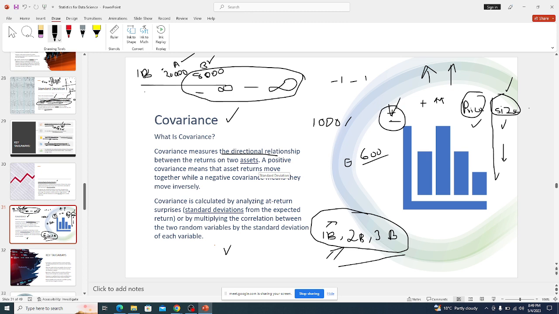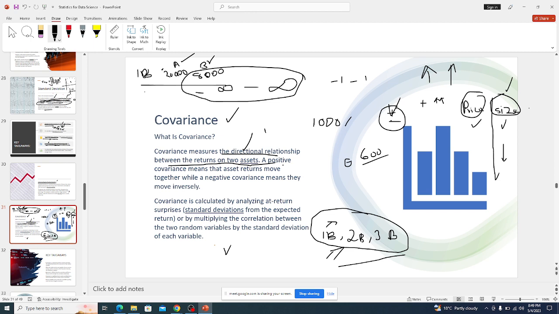So let's do a deep dive and see what covariance is. Covariance measures the directional relationship between the returns of two assets. This is more of a financial definition, but a general definition is a directional relationship between two variables.